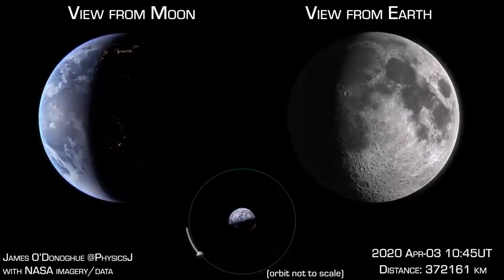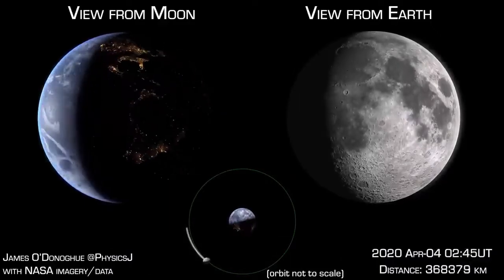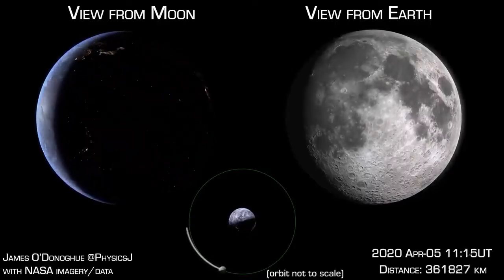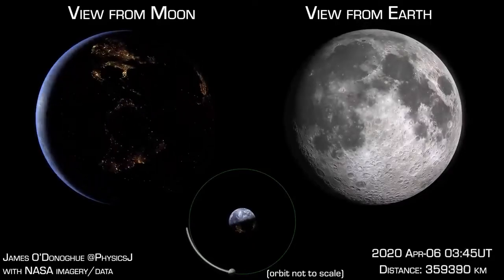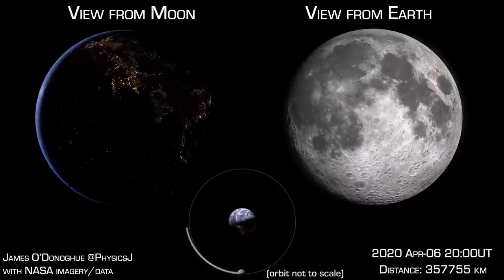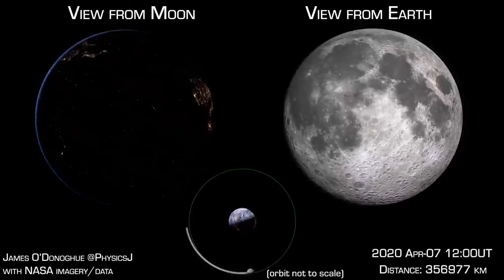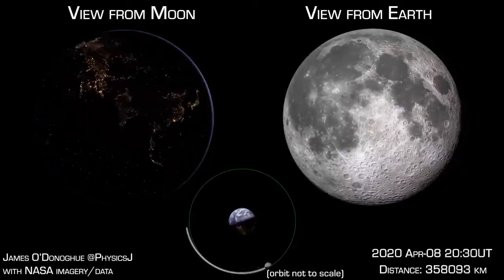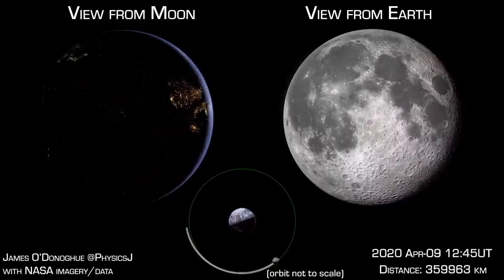Evidence suggests that some mare-forming eruptions may have occurred as recently as 1 billion years ago. However, no volcanism occurs today, perhaps because cooling caused the Moon's crust to become too thick for magma to penetrate.